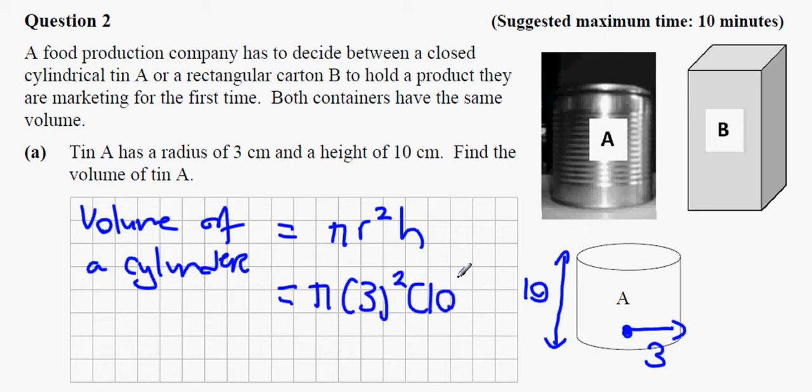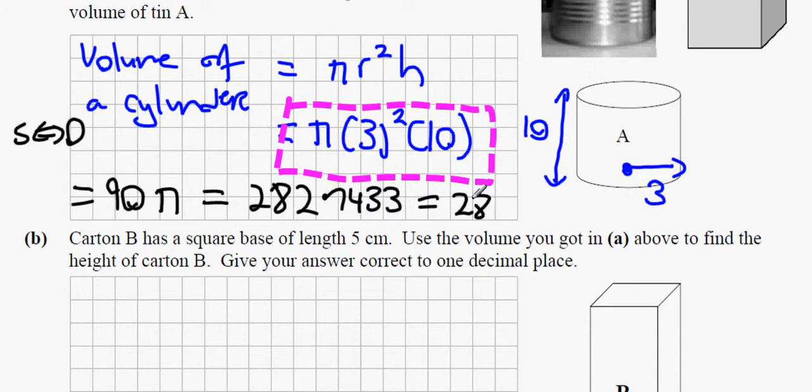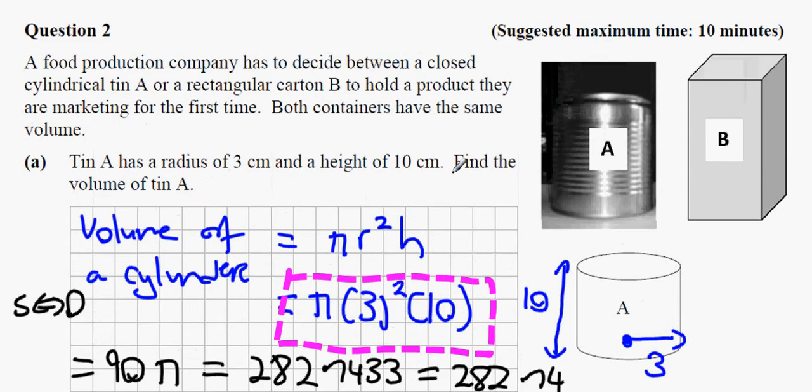Enter all of this and you'll end up getting 90 pi. 90 pi is an answer if you want it in terms of pi, but you can also press the S-D button, and this will change it into decimals for you. We get 282.7433, and you can round that off to 282.74. Look at your units: it's in centimeters, so it's centimeters cubed.